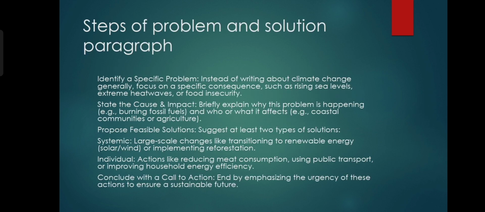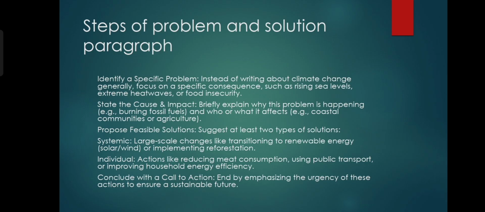Steps of problem and solution. One: a specific problem. Instead of writing about climate change generally, focus on specific consequences such as rising sea levels, extreme heat waves, and food insecurity. The cause and impact: briefly explain why this problem is happening, such as burning fossil fuels, and who or what it affects, for example coastal communities or agriculture.